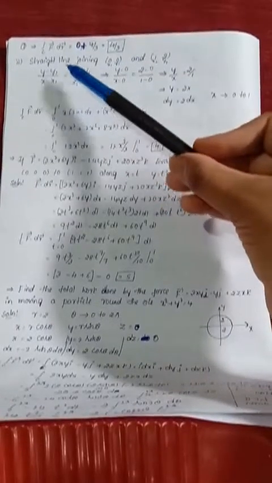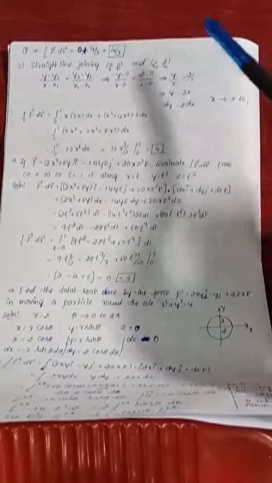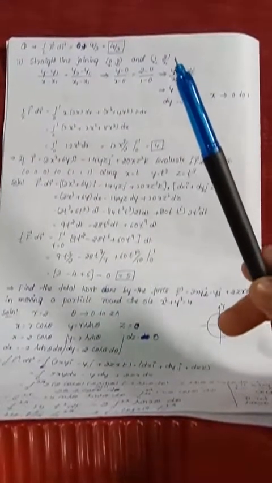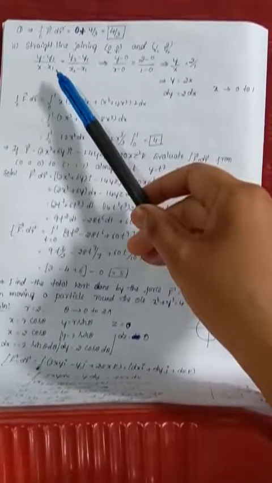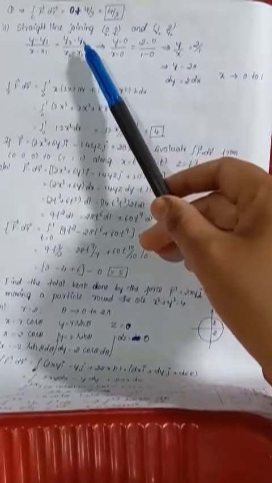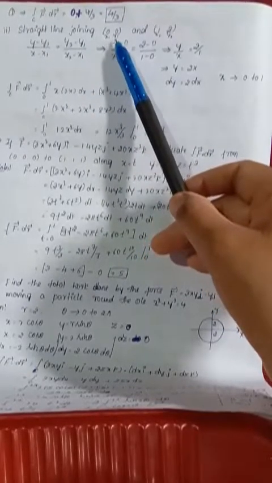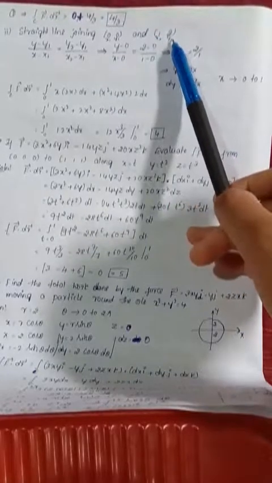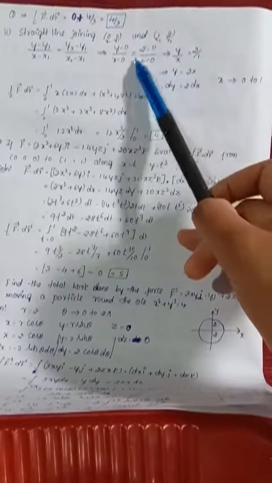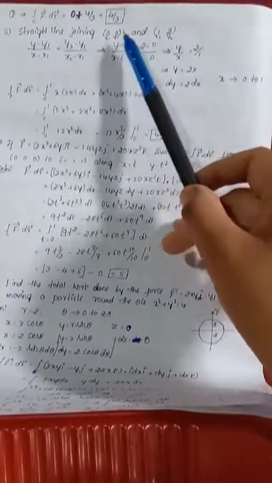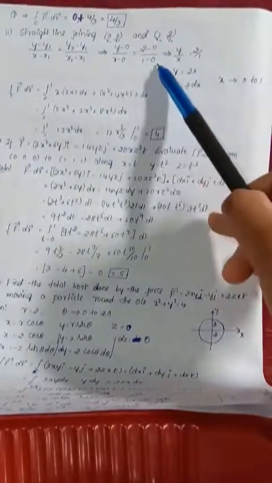Next, the second condition. We find the straight line joining the point 0, 0 to 1, 2. Here 2 points are given, that's why we are using the straight line formula: y minus y1 divided by x minus x1 is equal to y2 minus y1 divided by x2 minus x1. Here the first point is x1, y1, the second point x2, y2. Substitute: y1 is 0, x1 is 0, y2 is 2 minus 0, x2 minus x1, here 1 minus 0.